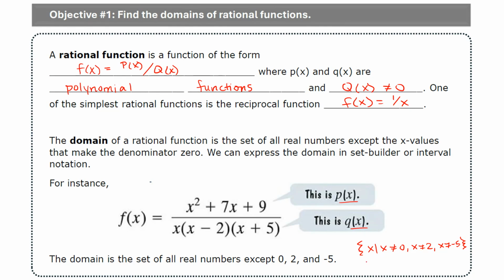In interval notation, we would write this as negative infinity to negative 5, negative 5 to 0, 0 to 2, and 2 to infinity. Okay?